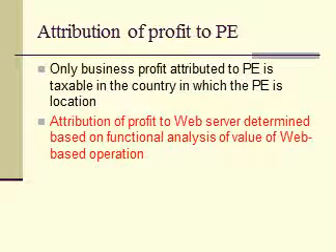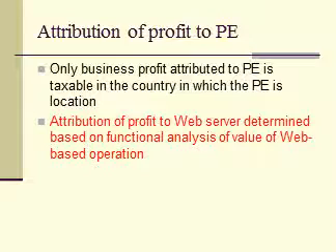This principle is illustrated by a discussion of the attribution of business profits to a web server. As discussed in the text at 11.062, when a web server is a permanent establishment, the amount of business profits attributed to the server is determined through a functional analysis of the value of the activities taking place on the server.